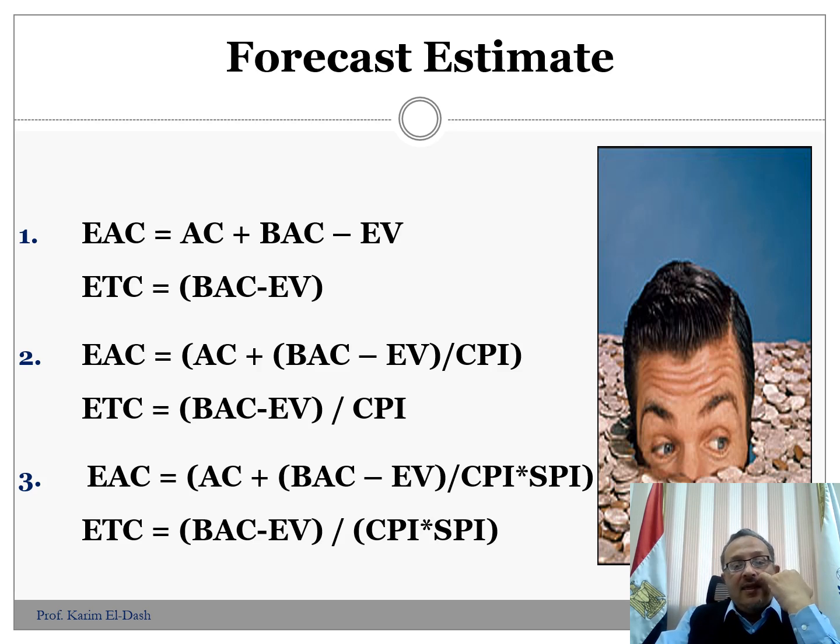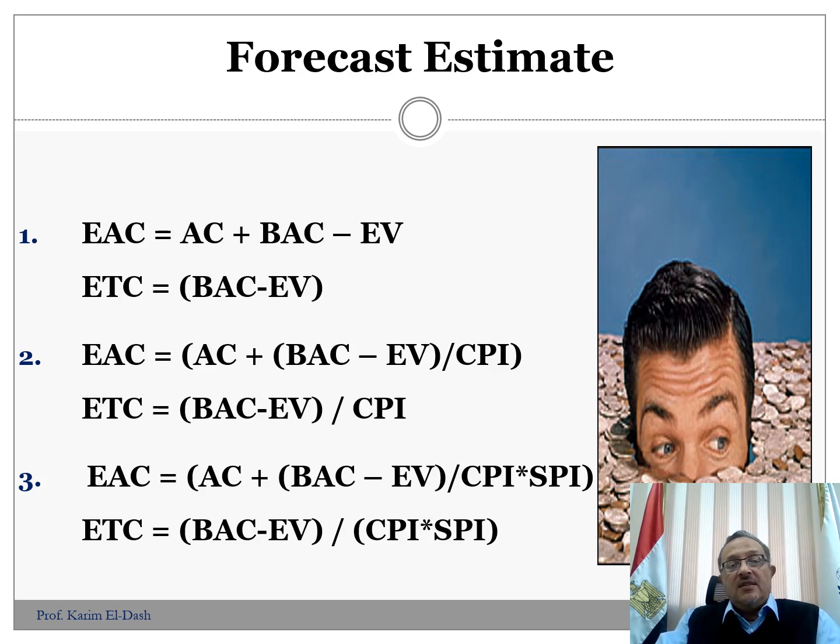This is the last slide that we are going to discuss in this lecture, which is the forecast for the estimate. The estimate at completion equals the actual cost plus the budget at completion, which is the original budget that we have, minus the earned value.